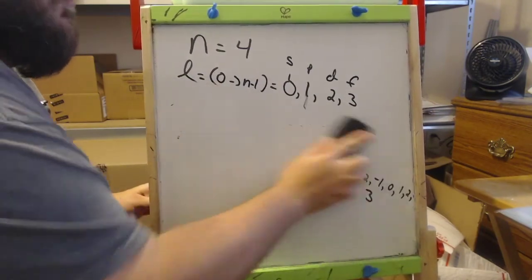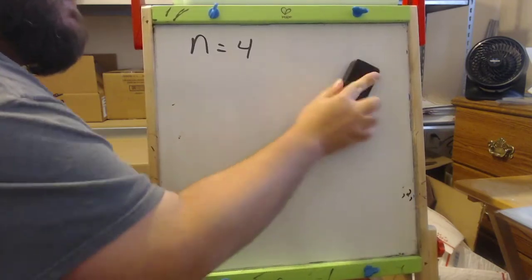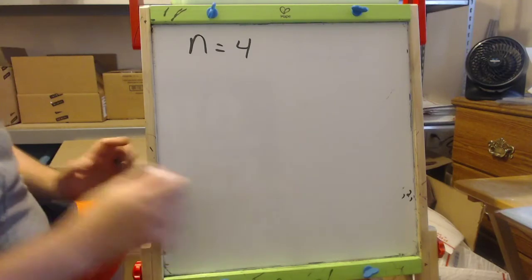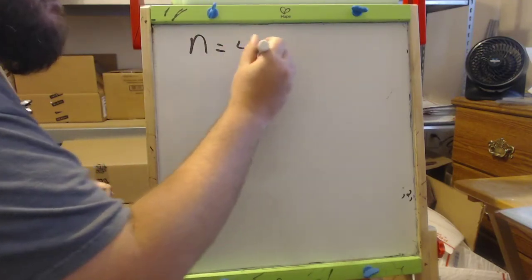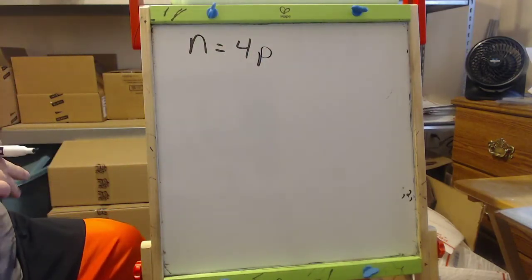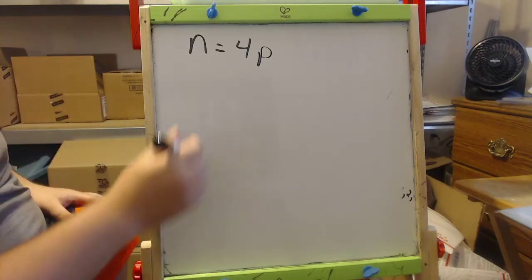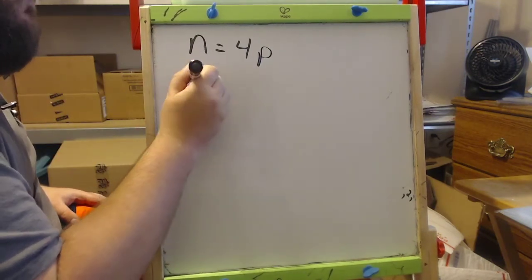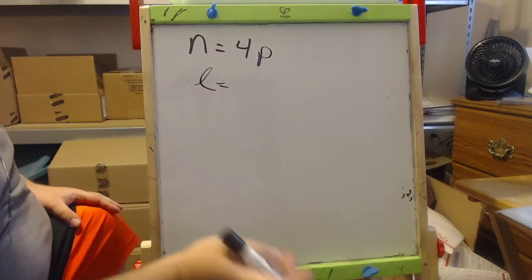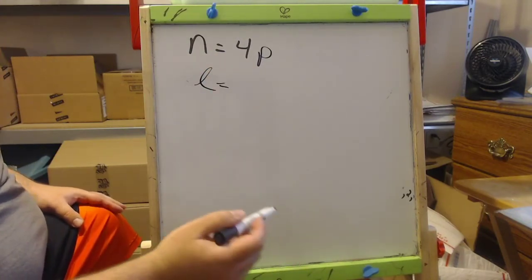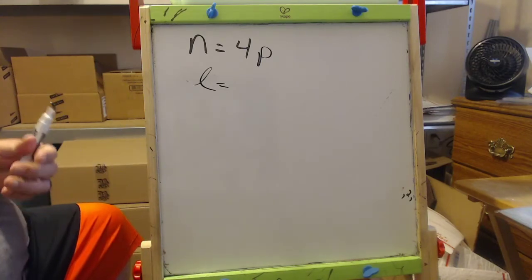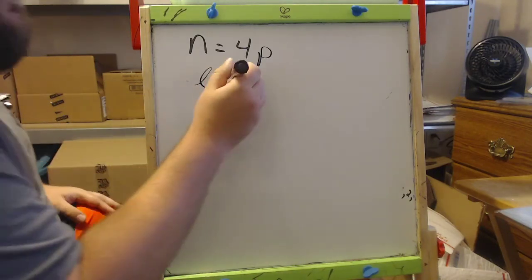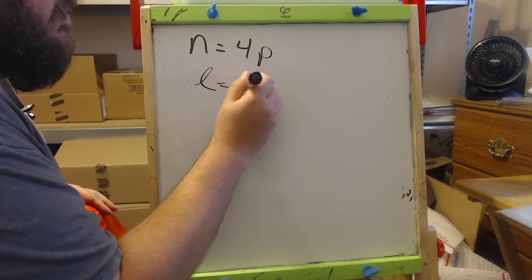But let's say we got more specific. Let's say we said that the electron we're looking for is in the 4p, and we want to list the quantum numbers. All right, now we're getting a little bit more specific. Okay, so my L value, since I'm in the P, and I know I'm in the P, is going to be 1.